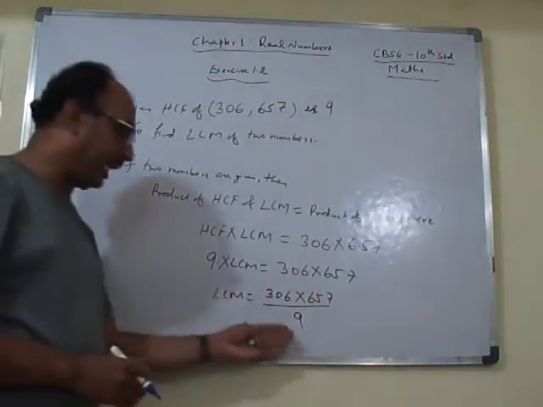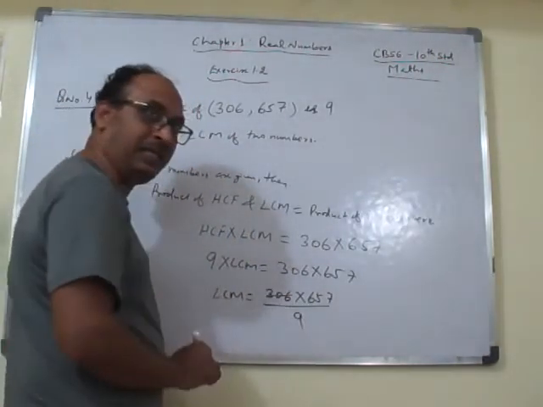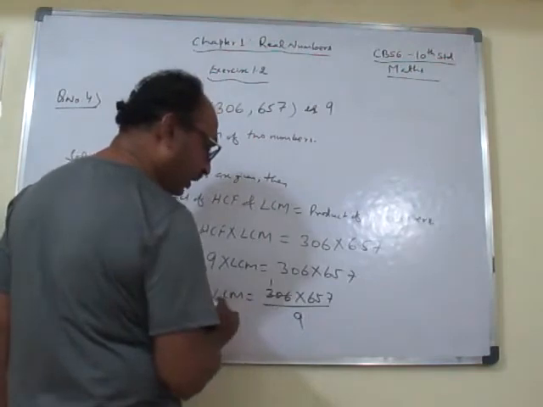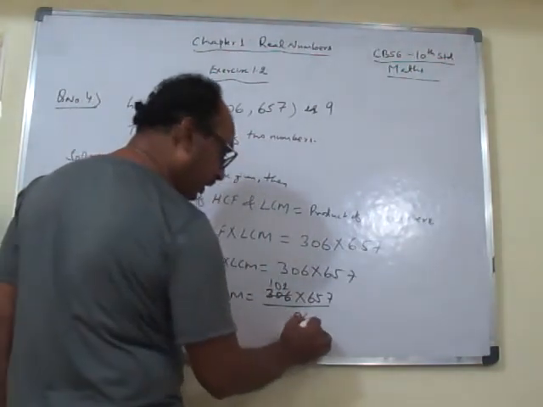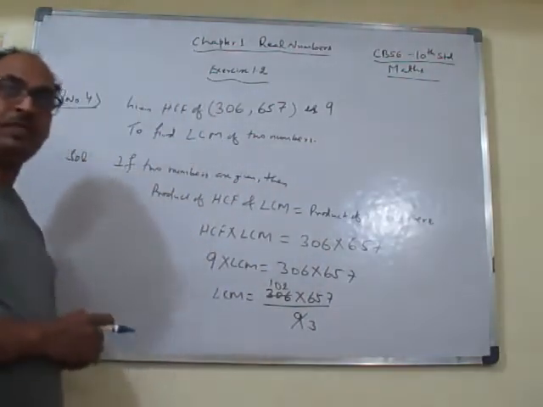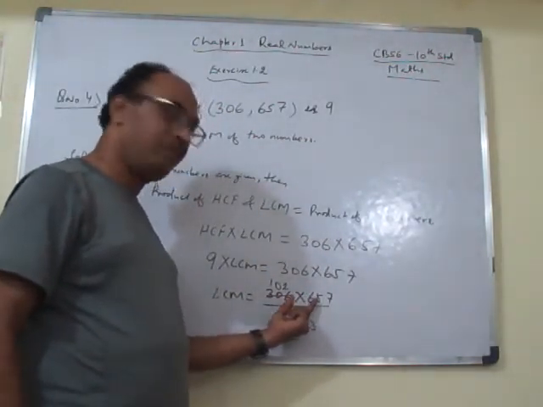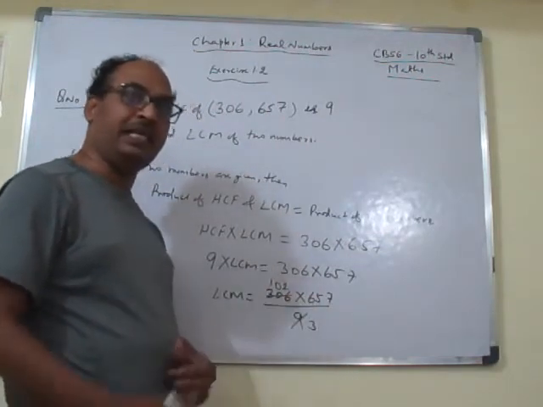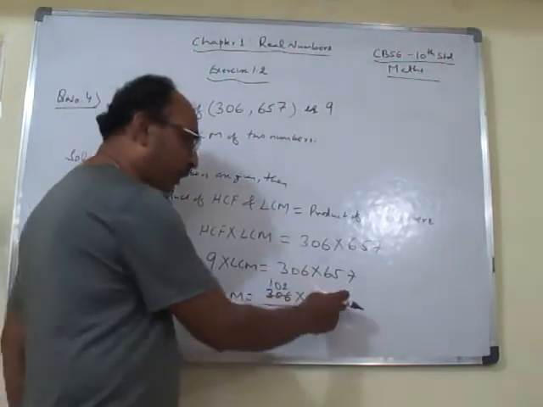And now better cancel it. 306 is divisible by 3. So 3 1s are 3, 0, 3 2s are 6, then 3 3s are 9, 102. Check whether 657 is also divisible by 3. 6 plus 5 plus 7 is 18, and 18 is divisible by 3. It means it is also divisible by 3.